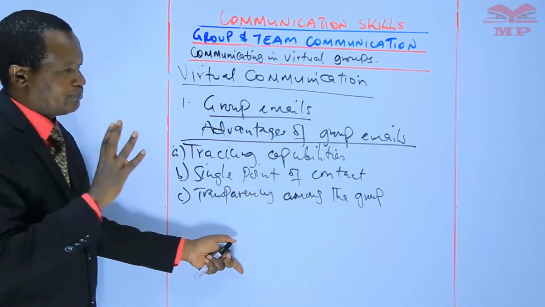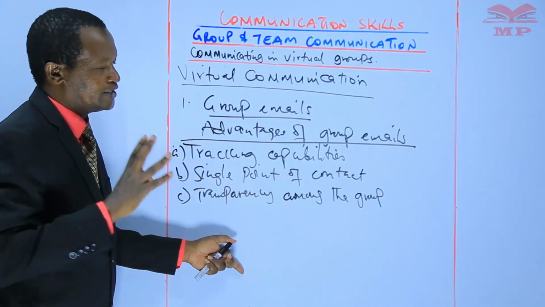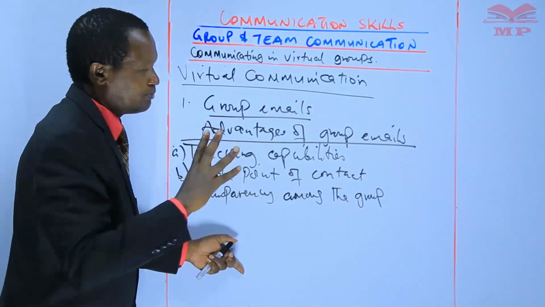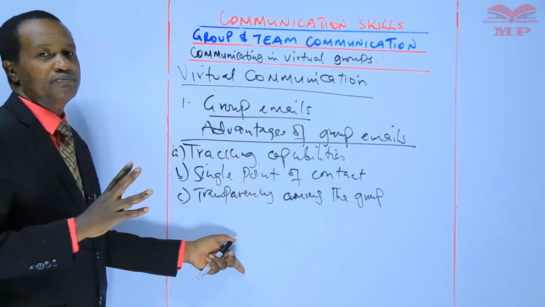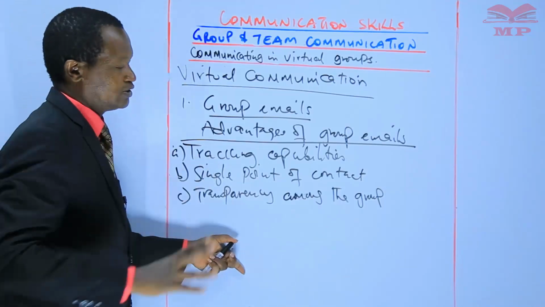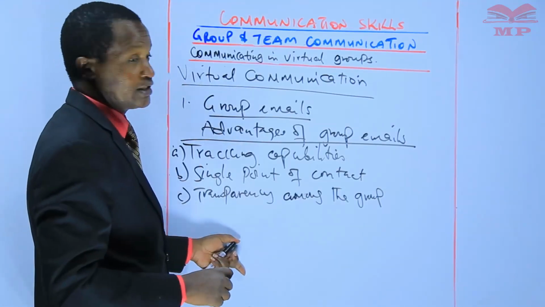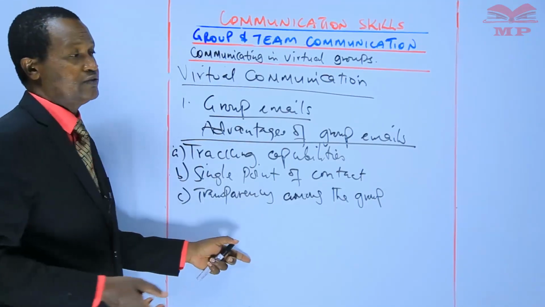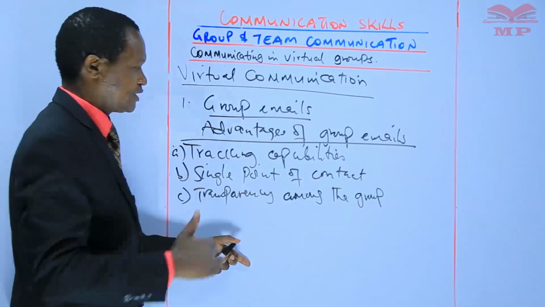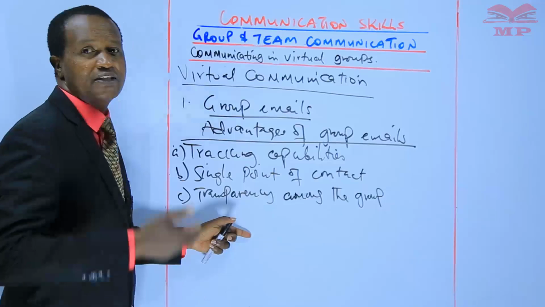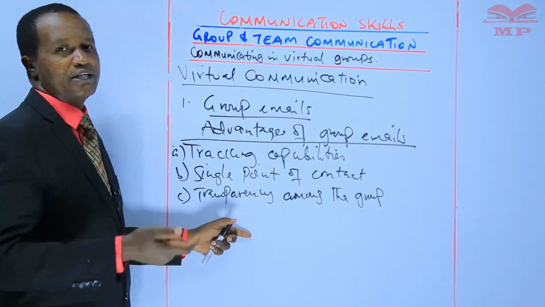When you send one email, the email hits all the members on the group list. So there is transparency, so that no one says I received a different email, I received a wrong email, the information was not the same. There is always transparency because all members receive the same message at the same time.